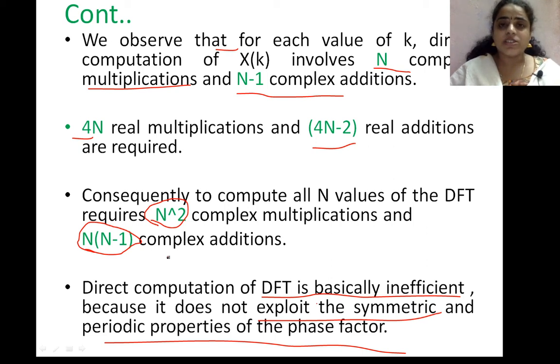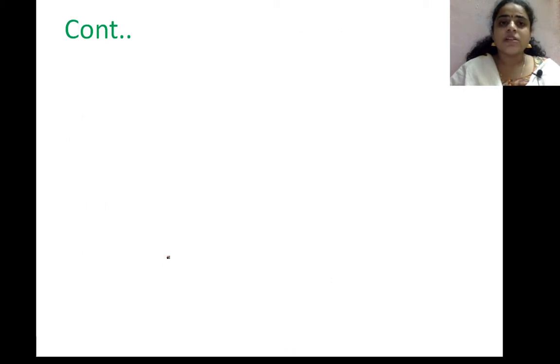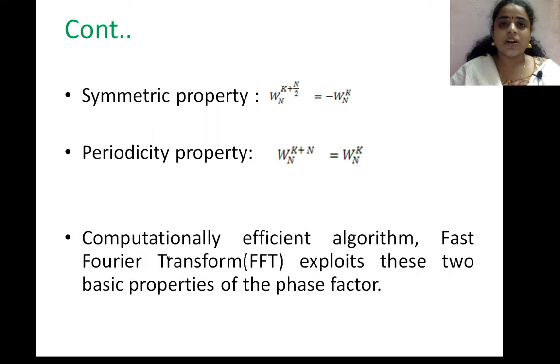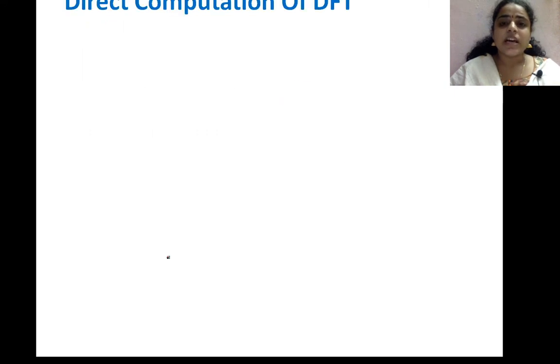These are very large in value, so we can say that this is an inefficient method to compute our DFT. Now let us see the next algorithm, which is called the direct computation method of finding DFT, or direct evaluation of DFT. This is nothing but introducing some twiddle factors into our DFT formula.